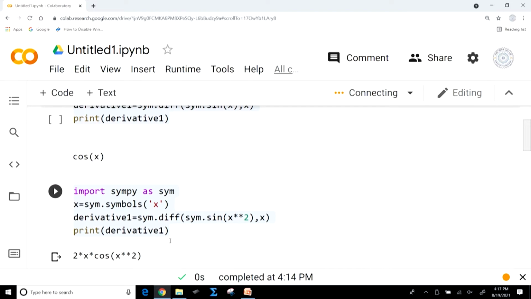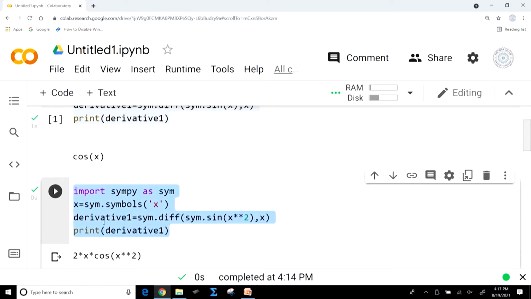Now, suppose you want to define your own function and then find the derivative of that function with respect to x. How can you do that?